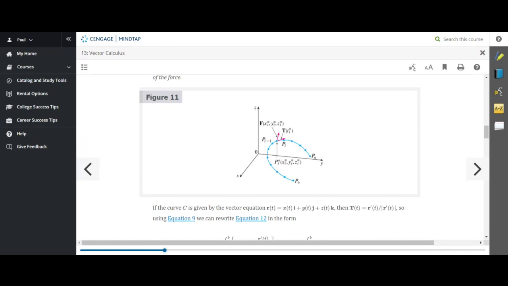If you think about the definition of work with two vectors, what is the work? What operation do we do on the two vectors to find work? Do you remember?